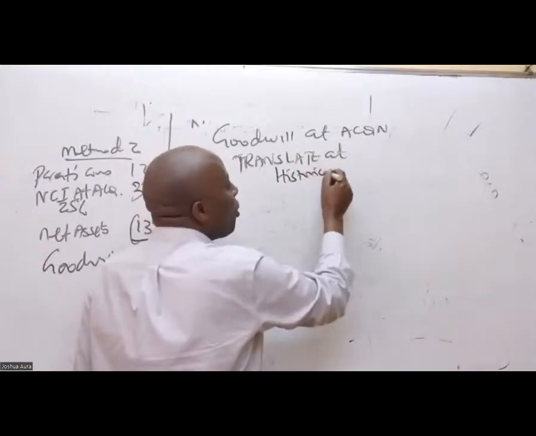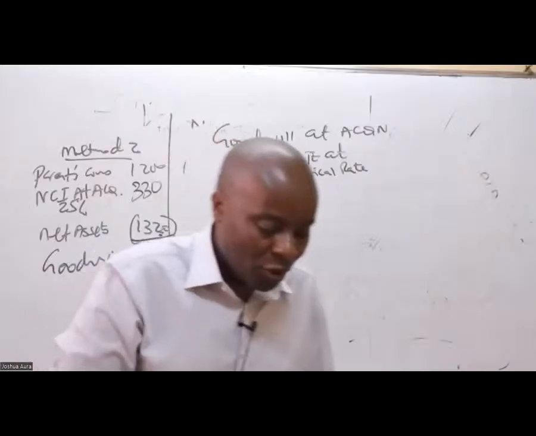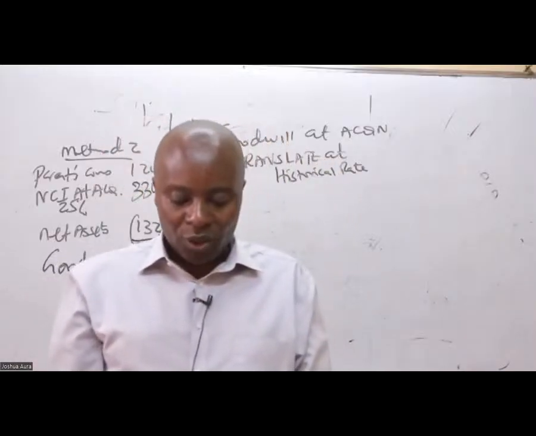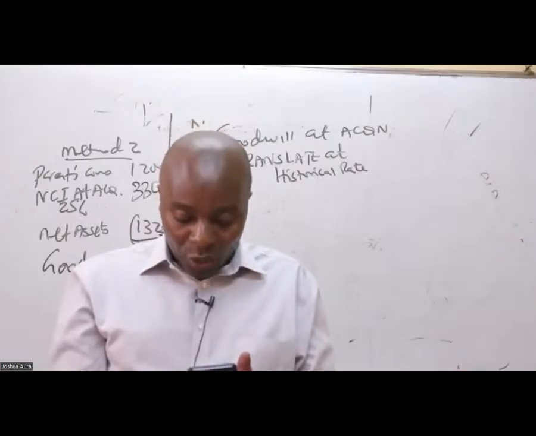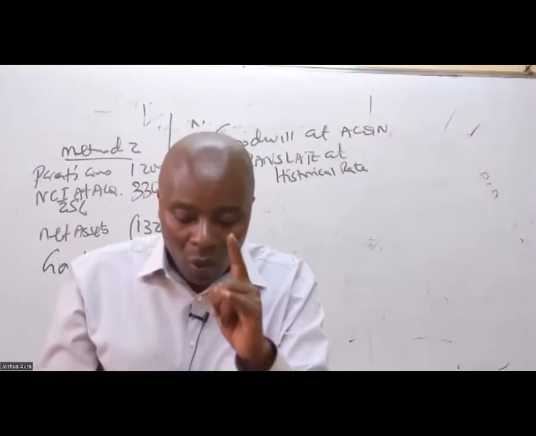The historical rate. Are you able to see the historical exchange rate given there? Is there anybody who can see this historical? Historical is the same as the date when this subsidiary was acquired.